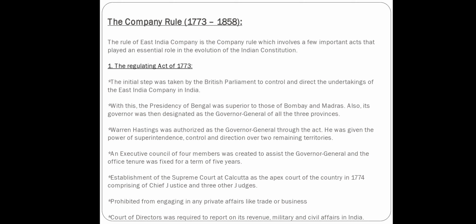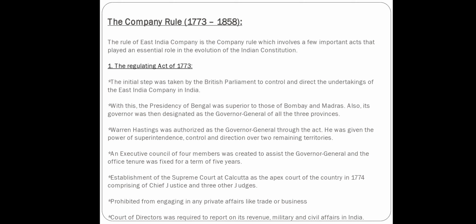Those private individuals were enjoying so much wealth that, suppose a person A, after trading from India, went back to England, that person was in possession of so much wealth that he had accumulated from India.